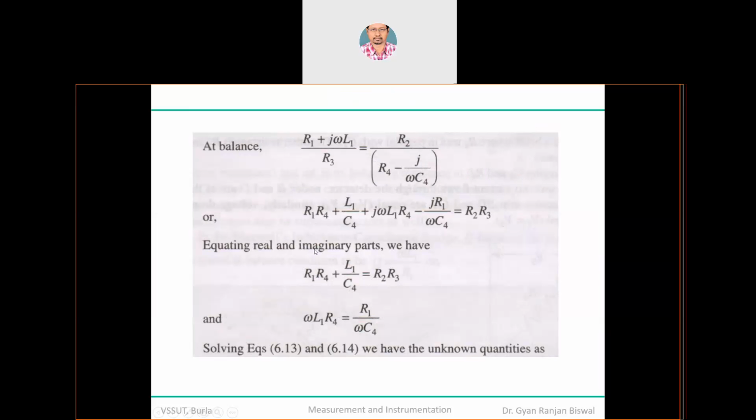Now in both the equations, whether you talk about the real part or the imaginary part, what is your ultimate goal? Your ultimate goal is to find out the value of L1. Clear? So we have the unknown quantities.